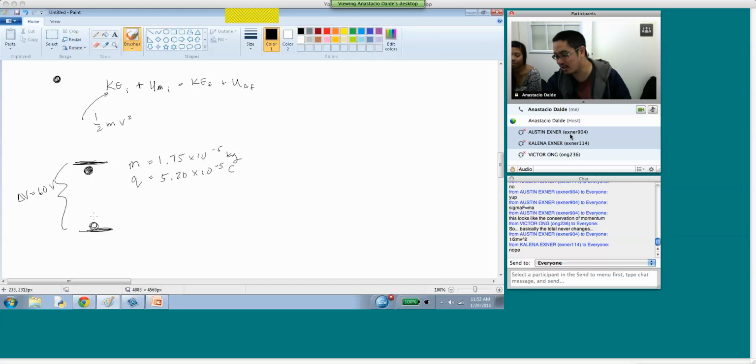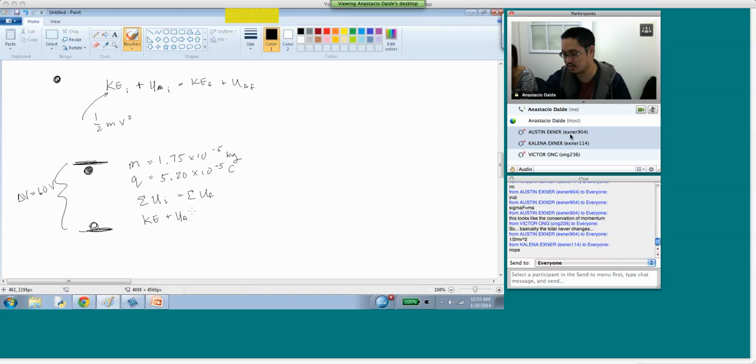All right, and let me show you how to calculate it, because once I show it to you, you'll be like, oh, I get it. Let's set up our equation. Let's say that adding up all of the energy in the beginning is equal to adding up all of the energy in the end. What kind of energy does it have in the beginning? Well, it has kinetic energy, and it also has potential energy, electric potential energy.